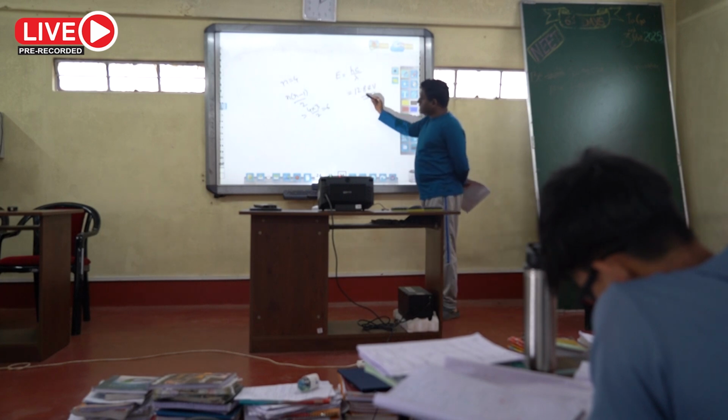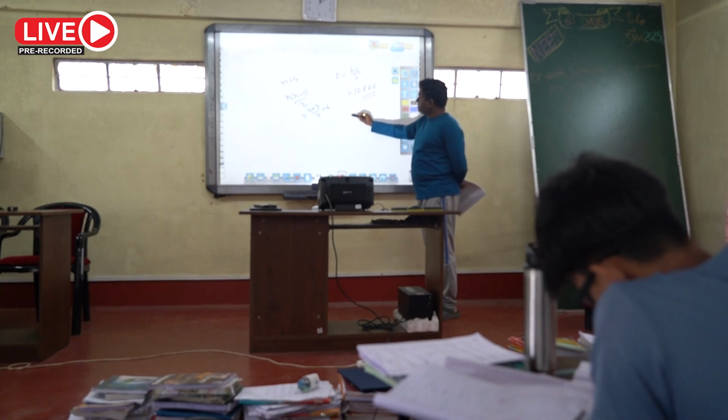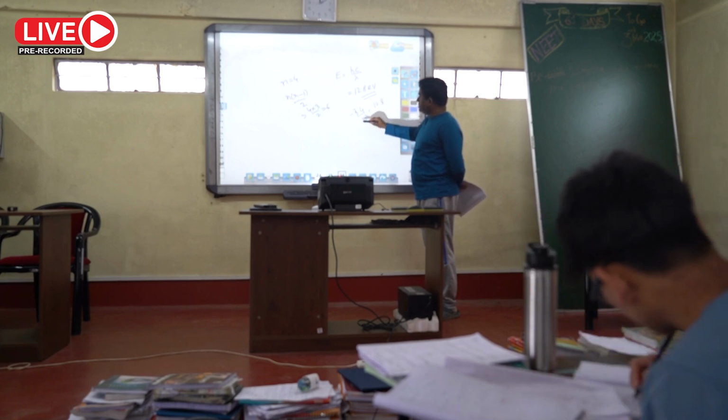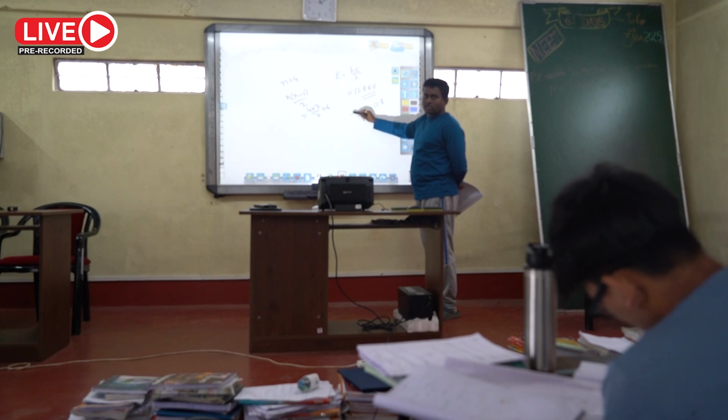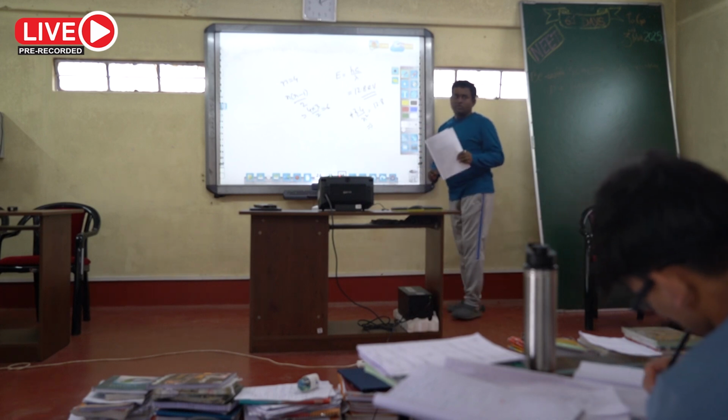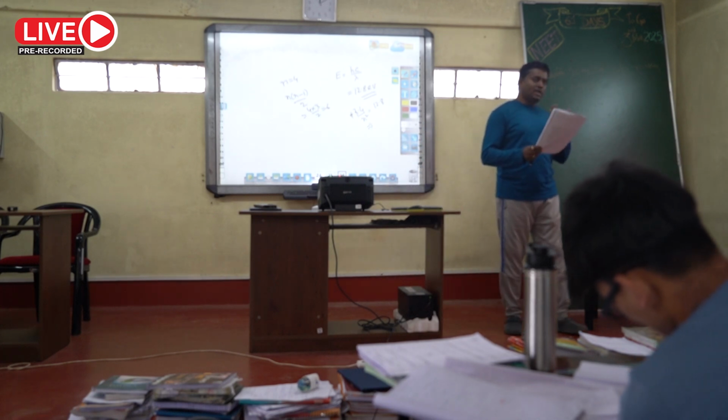Because you can equate this one with energy of the hydrogen atom, minus 13.6 by n square electron volt, is 12.8 eV. So this minus is only for the sign, that is attractive. So no need to take this minus. Then you can find the value of n, and from that you can calculate.